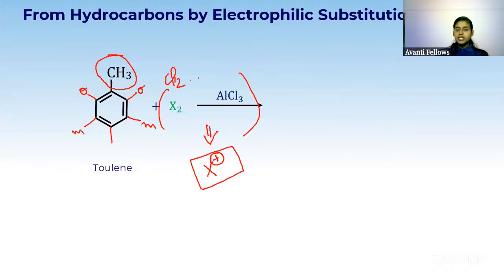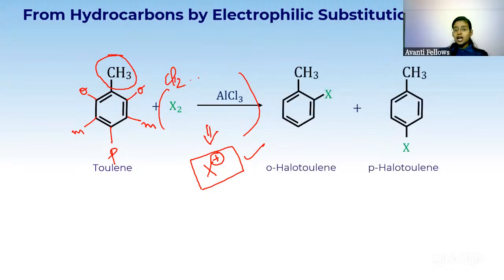Opposite position means para. So the electrophile will go to either the ortho or the para position. I will get ortho halotoluene and para halotoluene. Got it? So this is the first method of preparation of haloarenes from hydrocarbons.